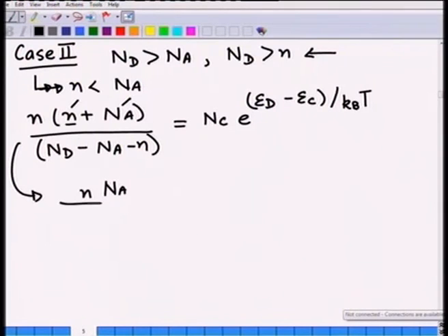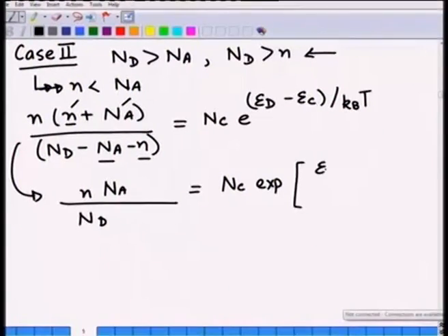Now, the numerator will become N times Na, because I am going to drop this N, which is much smaller compared to Na. In the denominator I could simply write Nd, because Na and N are much smaller than Nd. That we can always do, because Nd is the most dominant one. Therefore, N times Na over Nd equals Nc e to the power Ed minus Ec by kBT. Again, what do you observe?